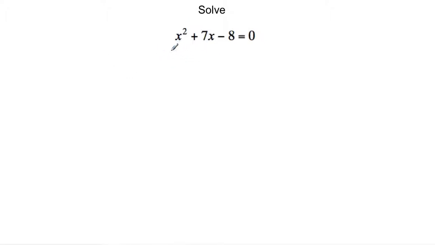But here we're going to factor this into two binomials, because x squared plus 7x minus 8 is the same thing as x plus 8 times x minus 1.